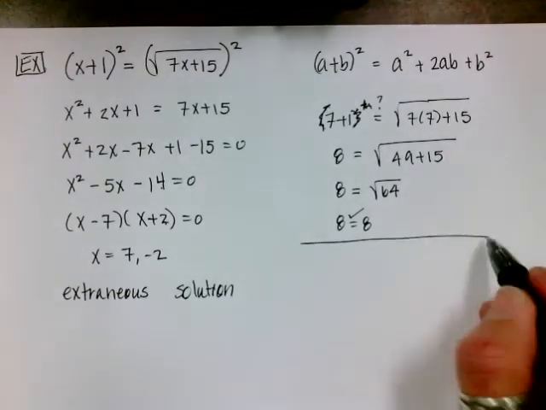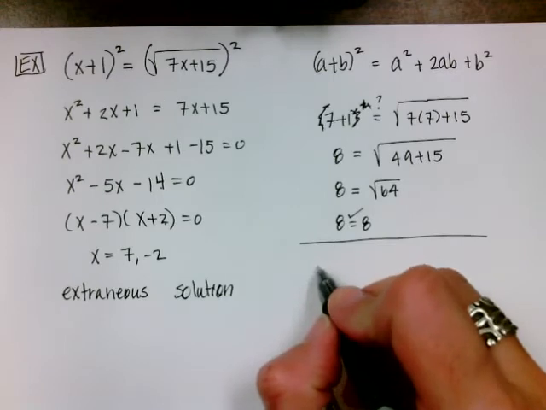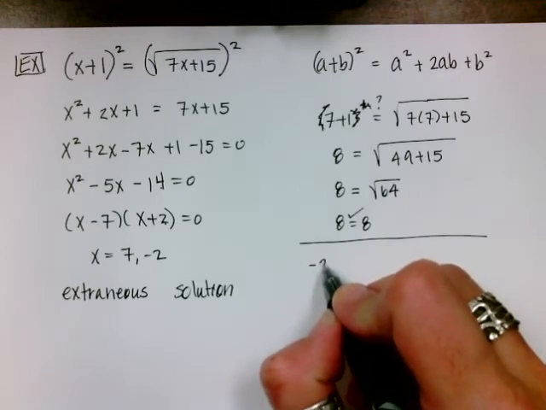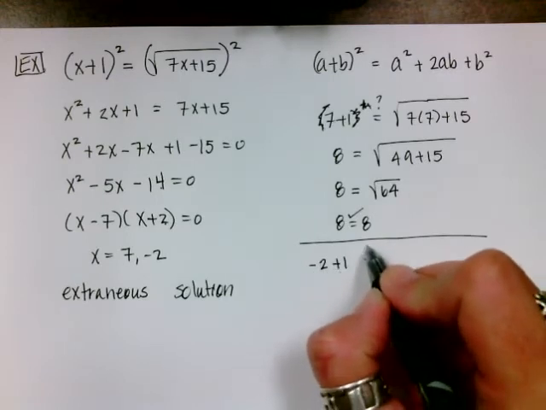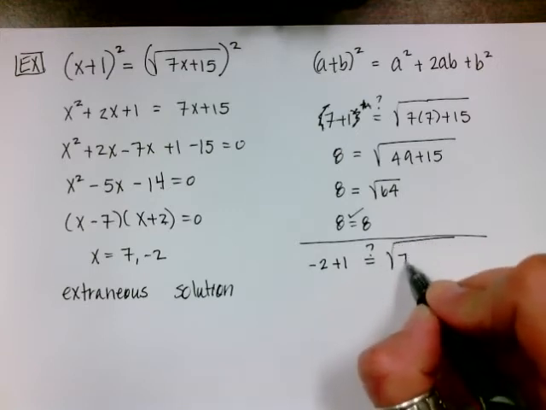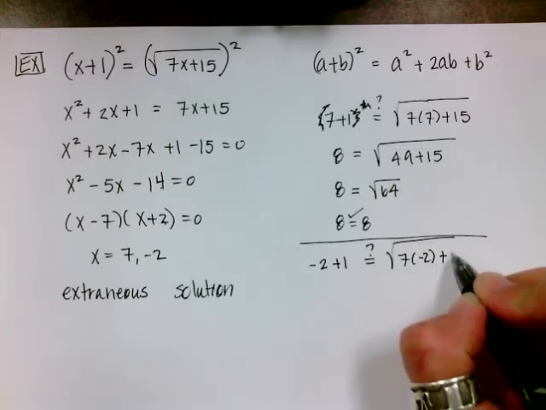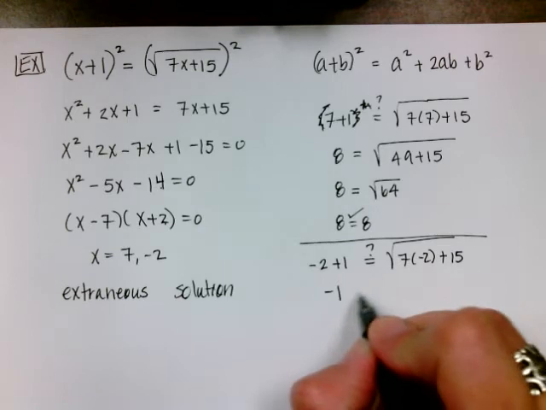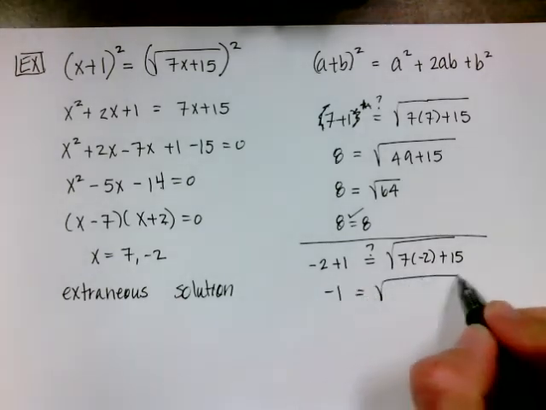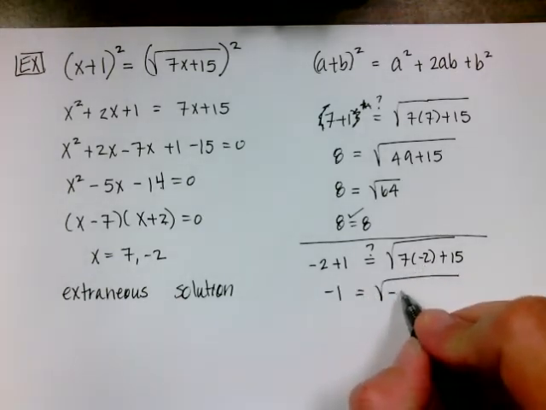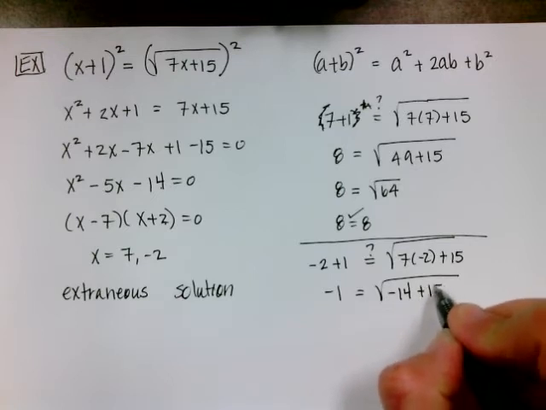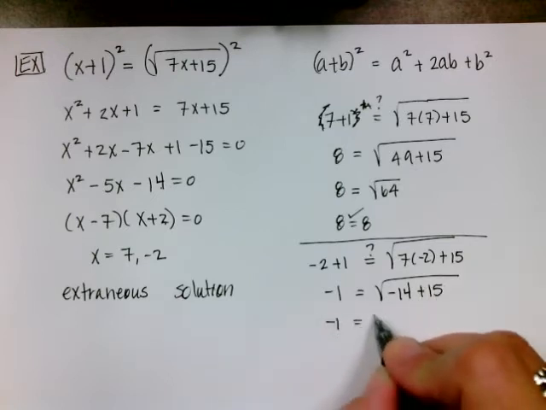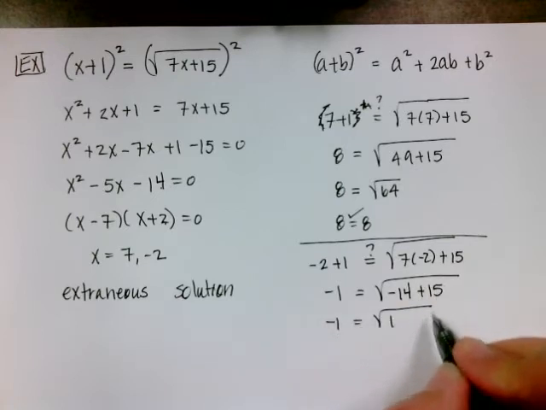Now I'm going to test the negative 2. So if I substitute the negative 2, I get the square root of negative 2 plus 1. We're wondering if it equals the square root of 7 times a negative 2 plus 15. On the left-hand side, I get a negative 1. On the right-hand side, I get the square root of negative 14 plus 15, and a negative 1 is equal to the square root of 1.